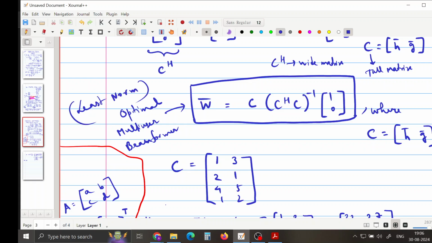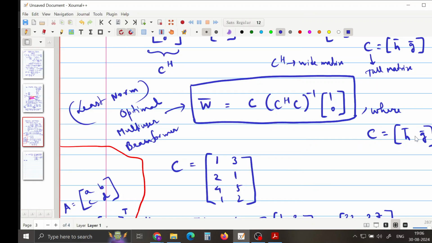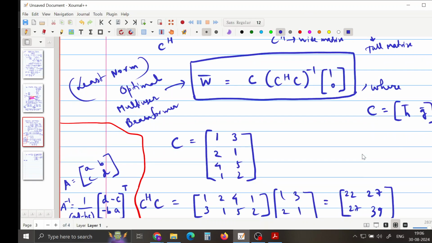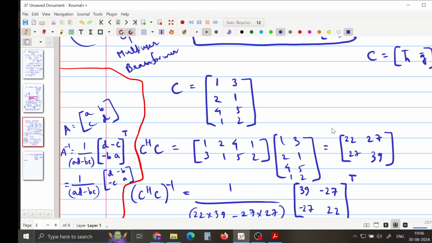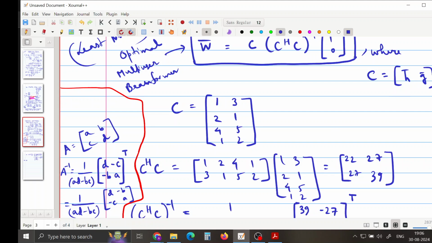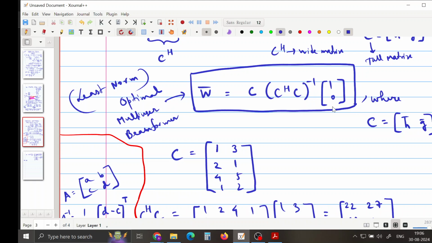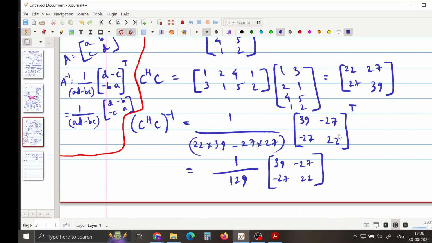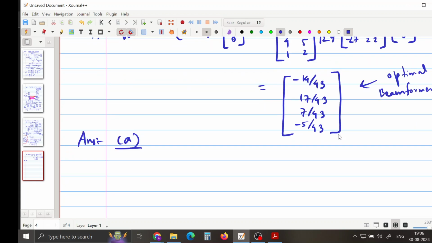right? And where the C is this matrix formed by taking the channel vectors for the desired signal and the interferer, right? We found C, given H bar and G bar were given, and then we just solved this entire equation, and this is what we obtained.